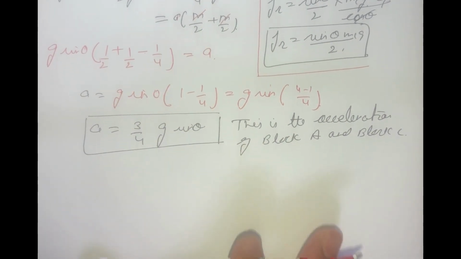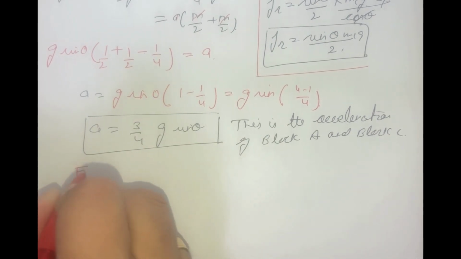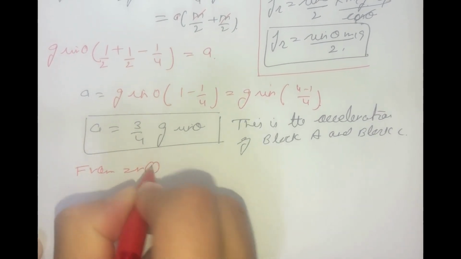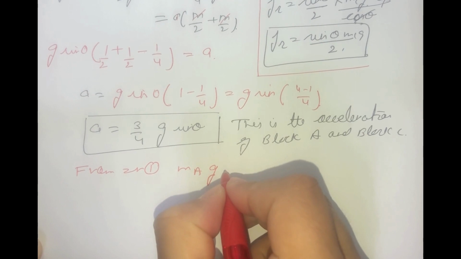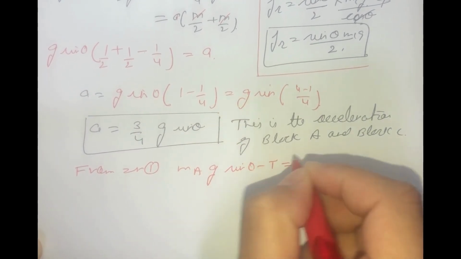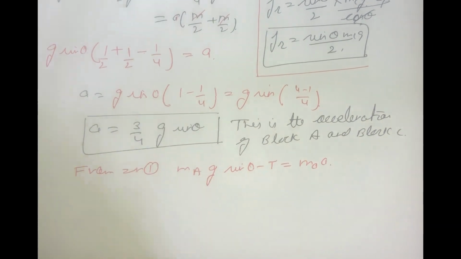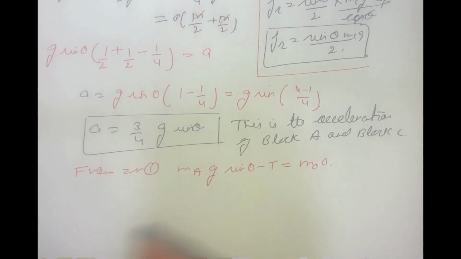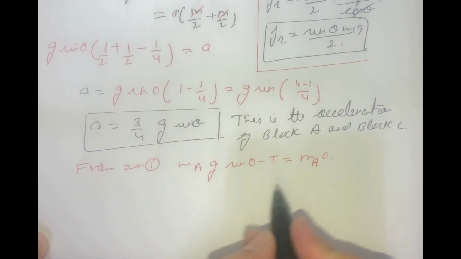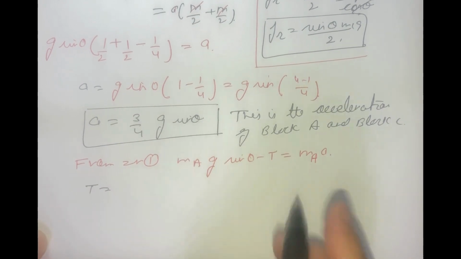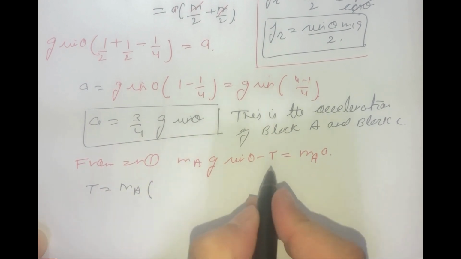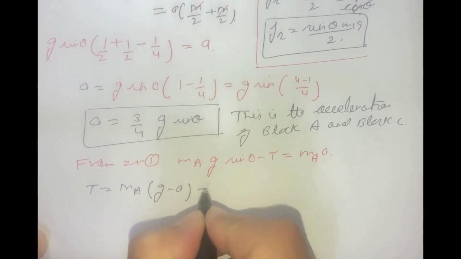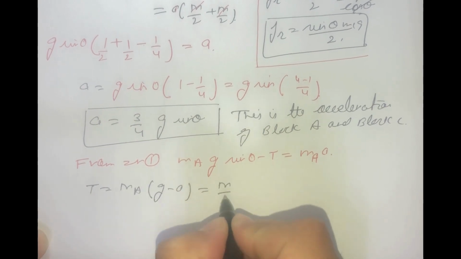So let us consider equation 1. So you can see from equation 1, which is given as mAg sine of theta minus T is equal to mA times capital A, sorry. Yeah. From here we can say that tension T will be equal to, taking mA as common, this will be our g minus A, and mA is given by m by 2.